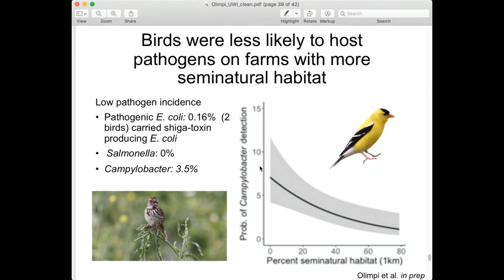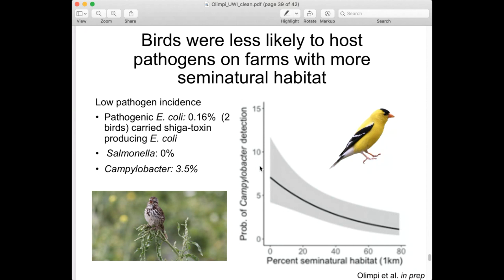We found very low rates of pathogen incidence, comparable to other studies in California. We found pathogenic E. coli in just 2 of the birds that we sampled. We did not find any salmonella in birds. And then we found about 3.5% of the samples, those birds were reservoir hosts for Campylobacter species. And the American goldfinch was the bird that was most likely to have a higher pathogen prevalence.